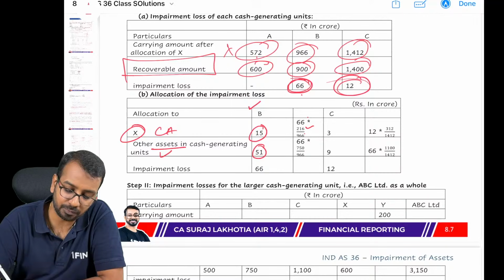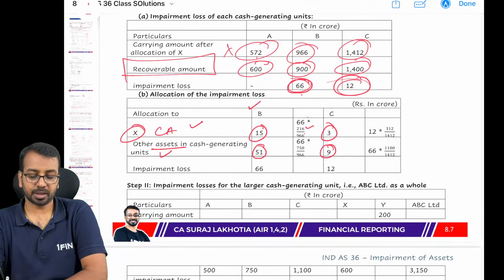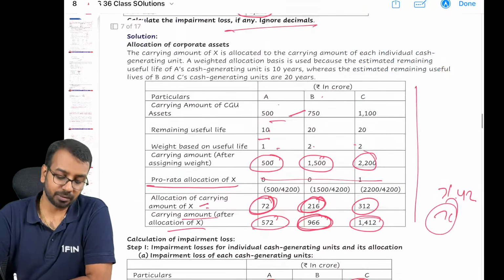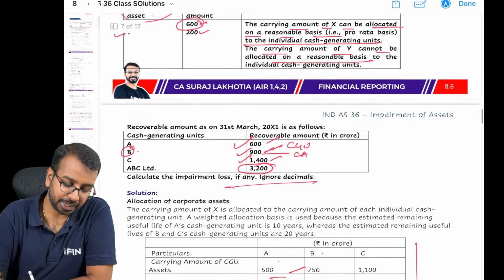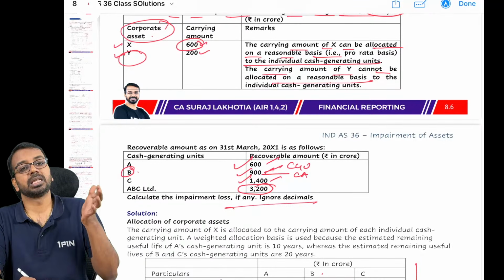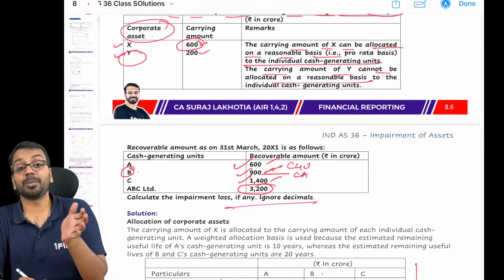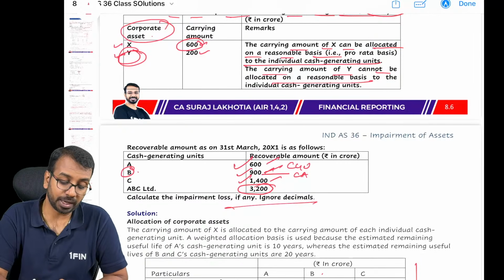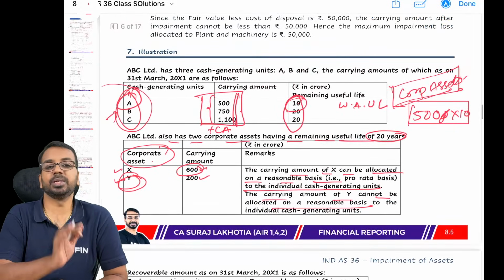Similarly, for this 12, 3 goes to corporate asset X and 9 goes to other assets of C. Once this is done, because we could not allocate Y, we do the subsequent impairment testing by taking Y as a whole to A, B and C.